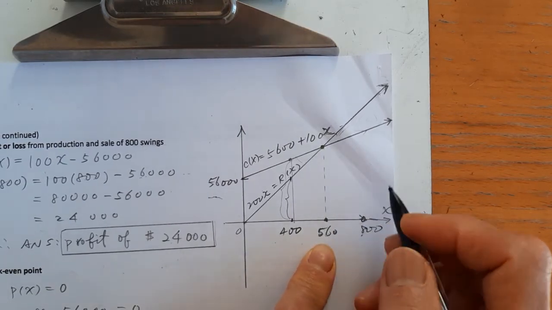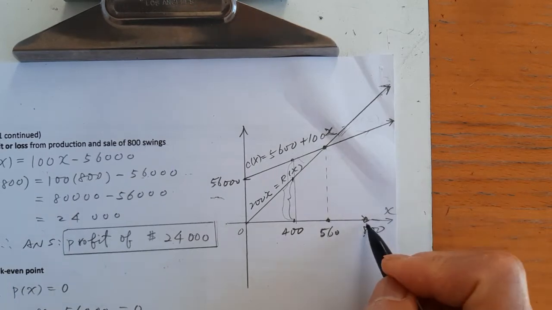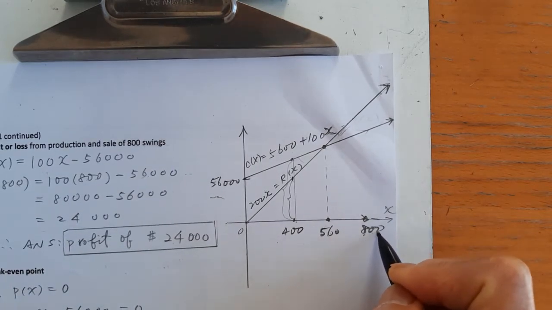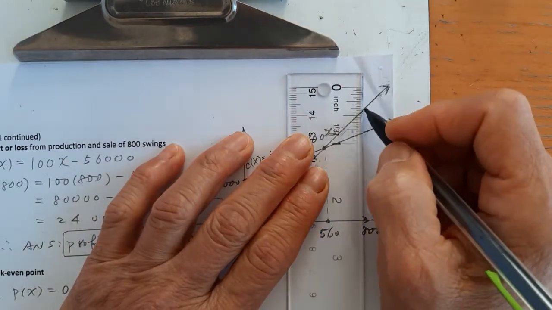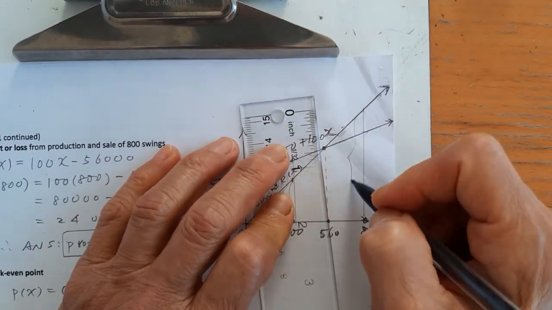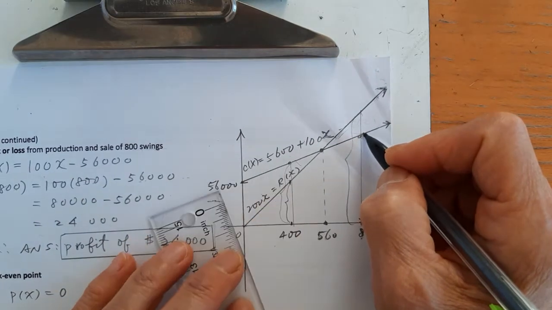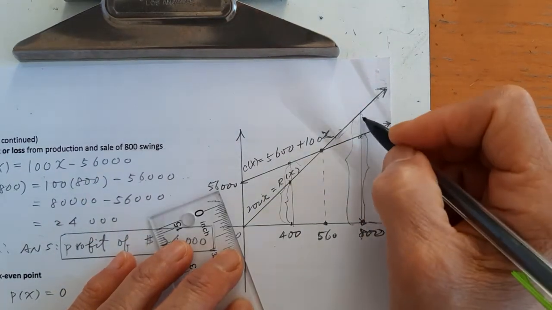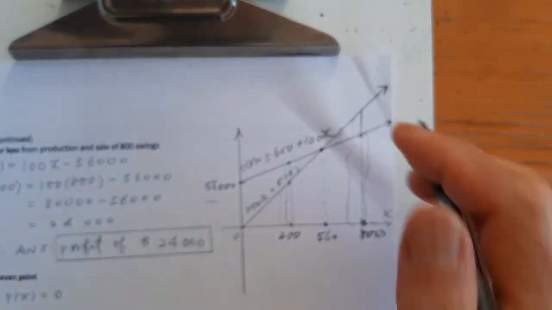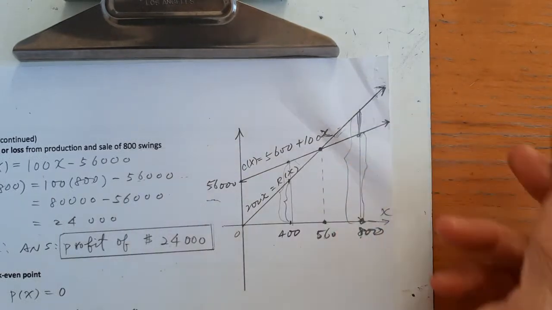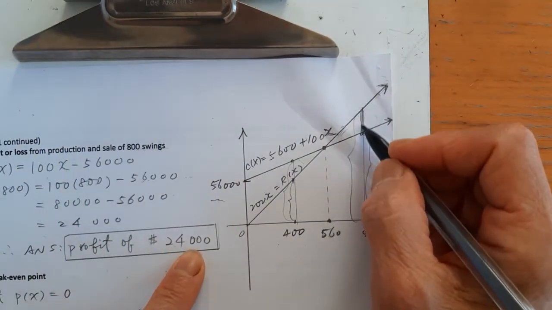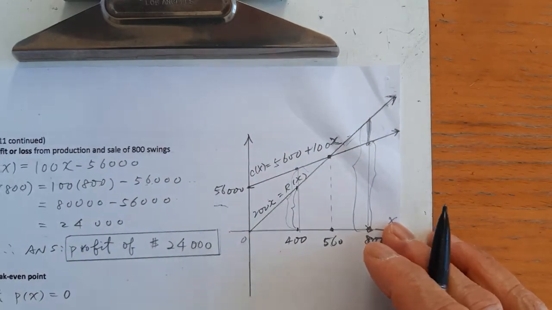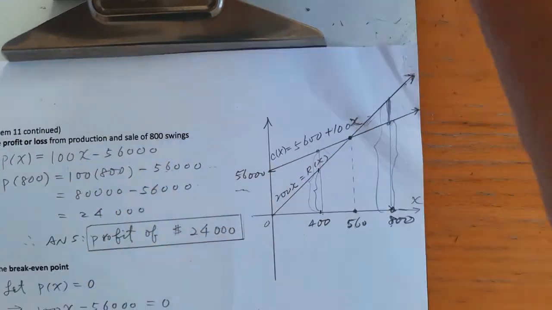Like at 800, your revenue is much higher than your cost. That is your net income, so the profit here is $24,000. This we call the break-even point.